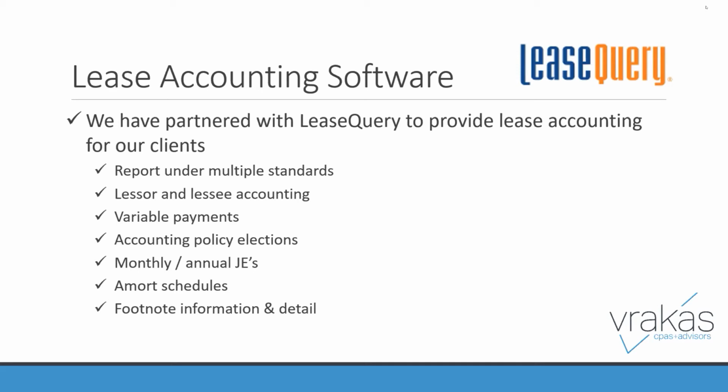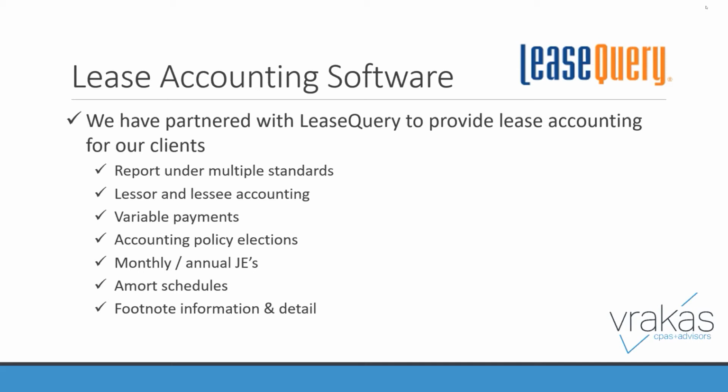It can report under multiple standards. So if you're going to have a comparative financial statement and one is under ASC 840 and one is under ASC 842, it will provide the reports for both of those different standards at the same time. It will generate all of the amortization schedules that you need. Again, all that footnote information that you're going to need, it's going to generate that based on the information that we input for each specific lease.